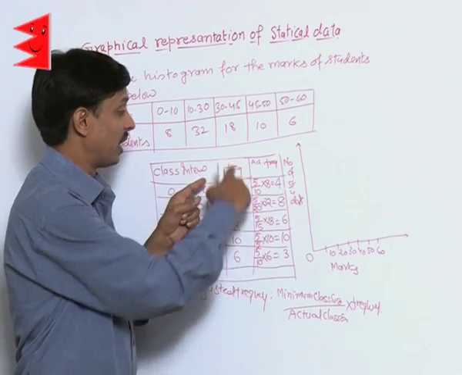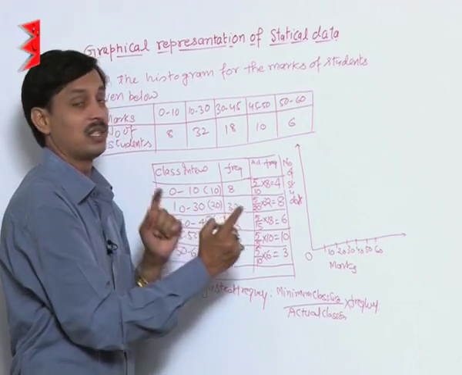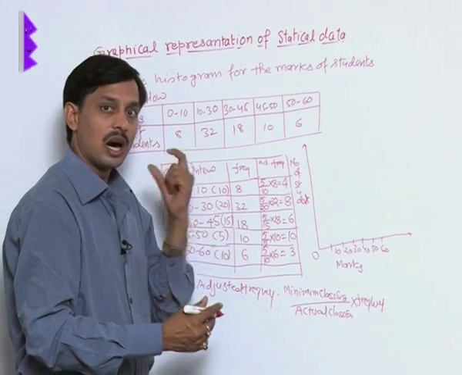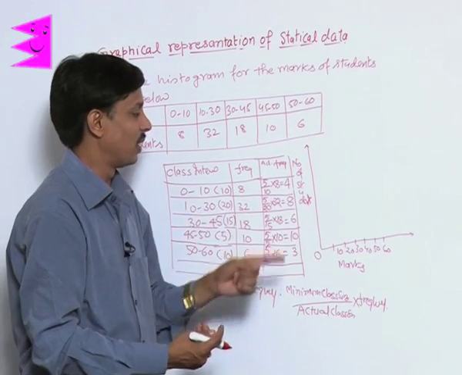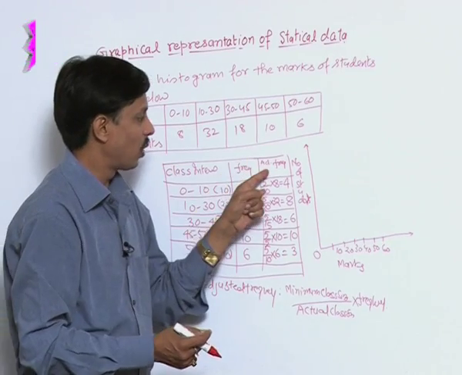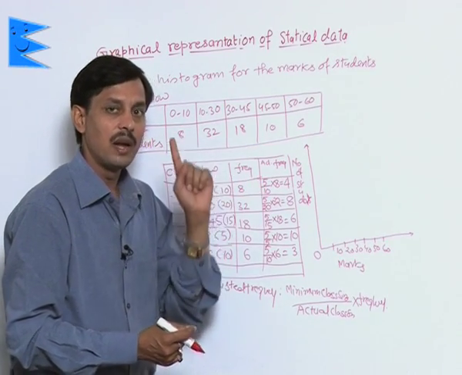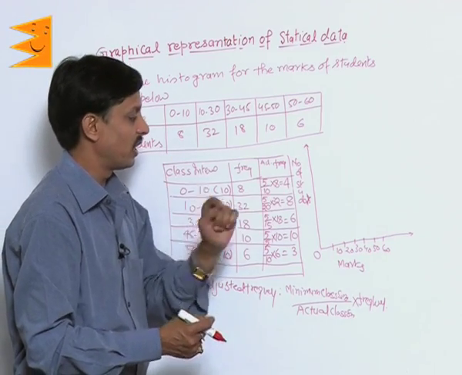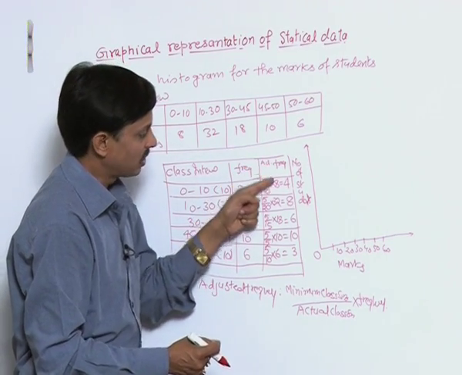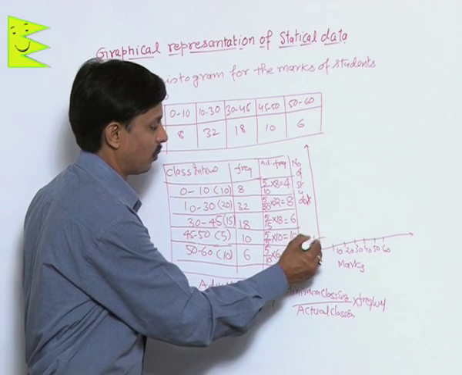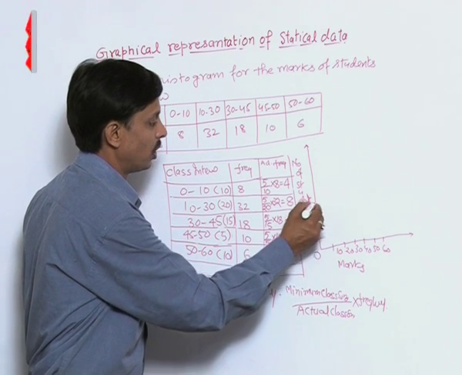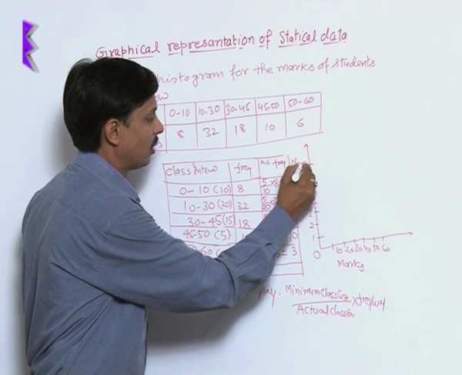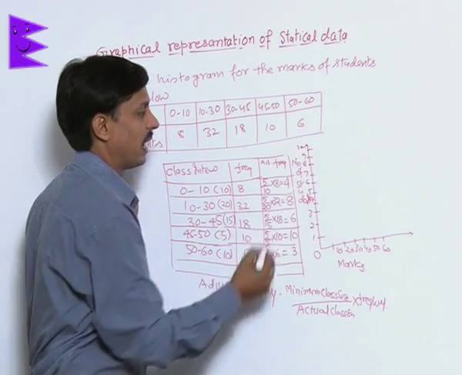Now we do not have any relation with the original frequencies. Whenever unequal intervals are given, always calculate the adjusted frequency and make the histogram for the class interval and corresponding adjusted frequency. Here the maximum is 10, so I am taking 1, 2, 3, 4, 5, 6, 7, 8, 9, 10.